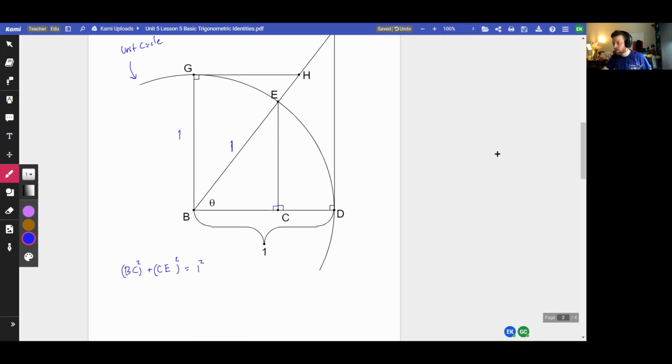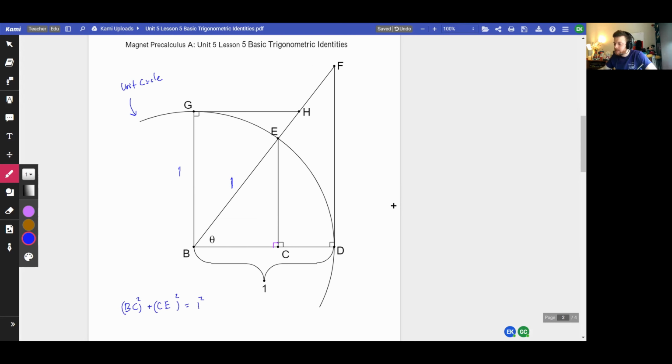So can we introduce trigonometry into here somehow? I think so, because since we're working with the unit circle, and we've been working with that a lot, we can define BC and CE in terms of theta. We have our theta here.